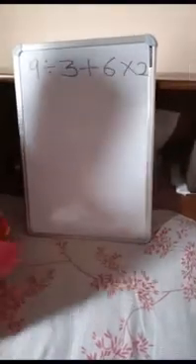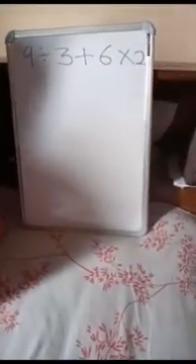Now let us take another example: 9 divided by 3 plus 6 multiplied by 2. Here all of you see that in this simplification more than 2 operations are there.